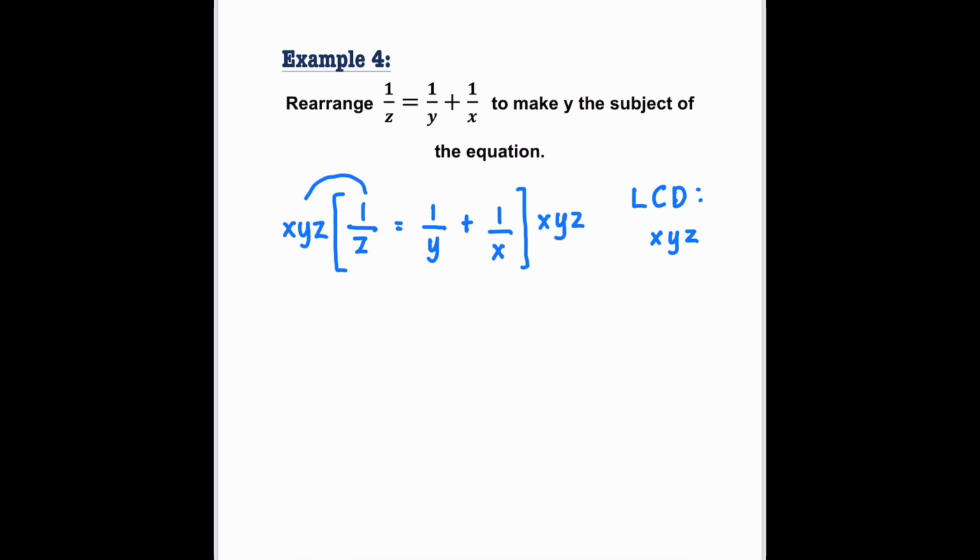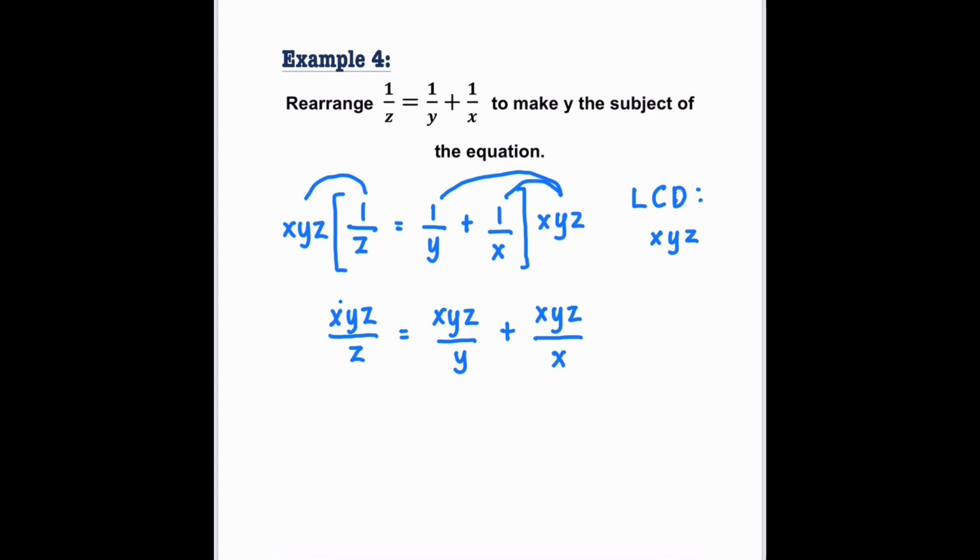Let me write down the product first. xyz times 1 over z, so xyz times 1 is xyz divided by z. Next, xyz times 1 is xyz divided by y, plus xyz times 1, it's xyz divided by x. And then from here we can simplify, right?